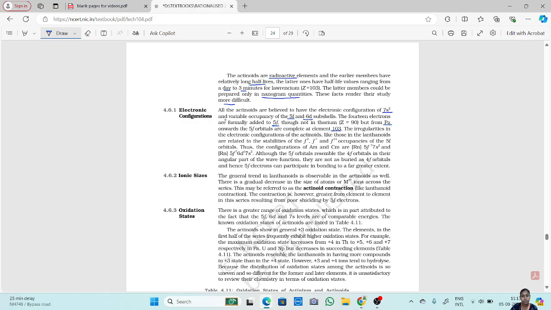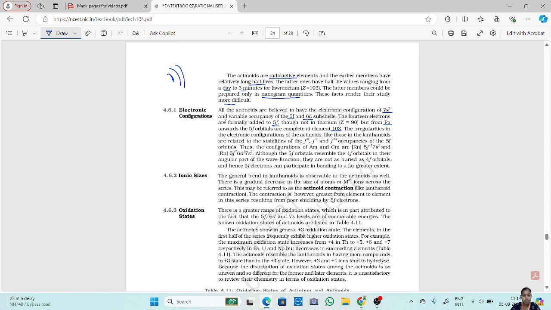Although 5f orbitals resemble the 4f orbitals in their angular part of the wave function, they are not as buried as 4f orbitals, and hence 5f electrons can participate in bonding to a far greater extent. 4f orbitals are placed quite inside, because after 4f orbitals you have 5d and 6s, so it is inside.